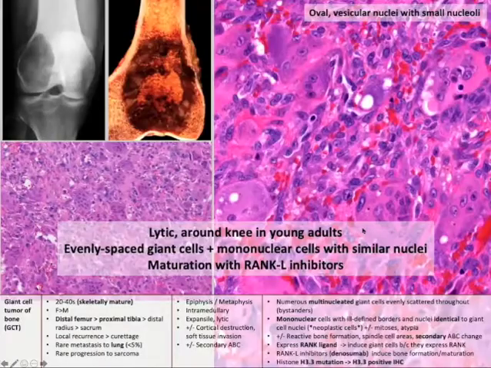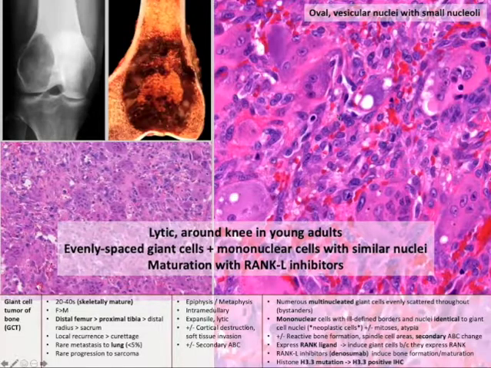Okay. Your differential diagnosis of a giant cell rich lesion, of course, might include a true giant cell tumor of bone, which can be very locally aggressive, very expansile, even erosive of the cortex. This tends to be around the knee in young adults, right? So basically femur, tibia.